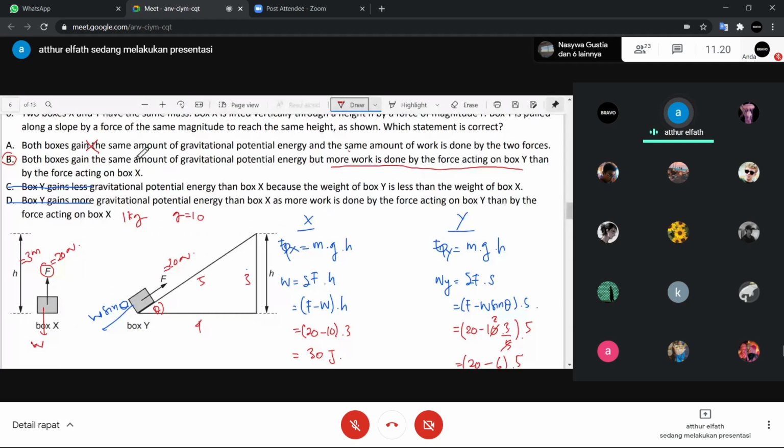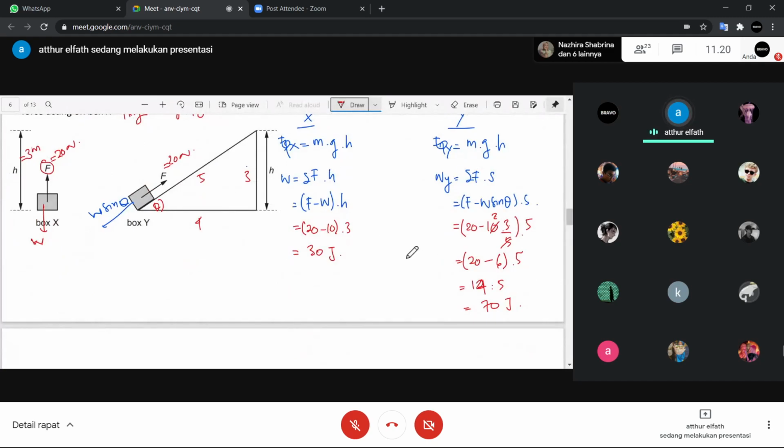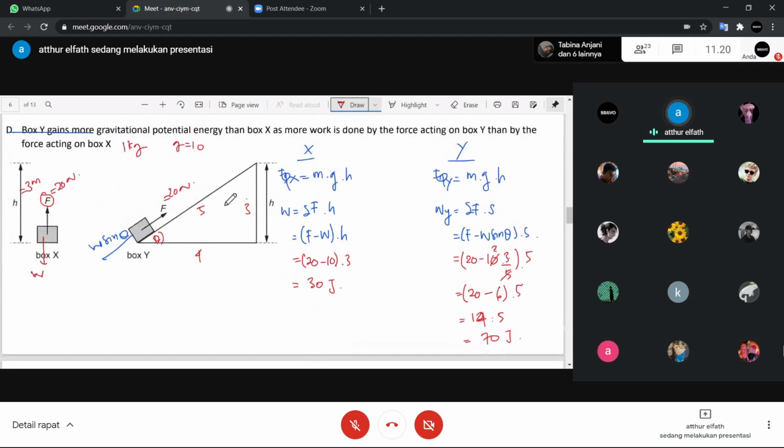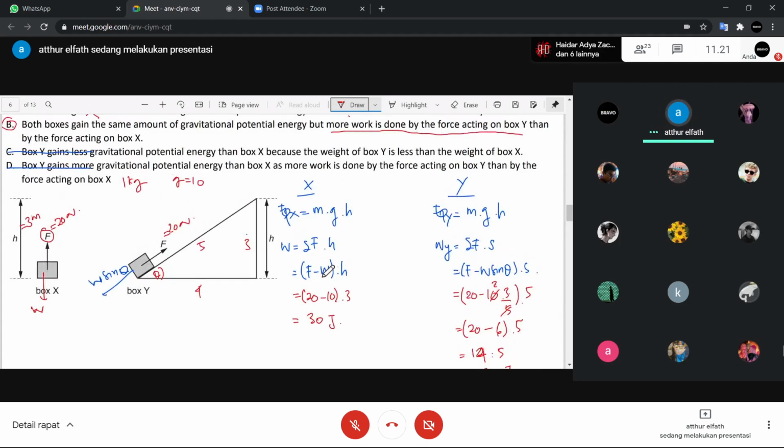We have shown it with our calculation, using our own assumed numbers. We obtained our final result: the work of X is 30, meanwhile the work of Y is 70, which is more than X's work. So that's all about number 6.